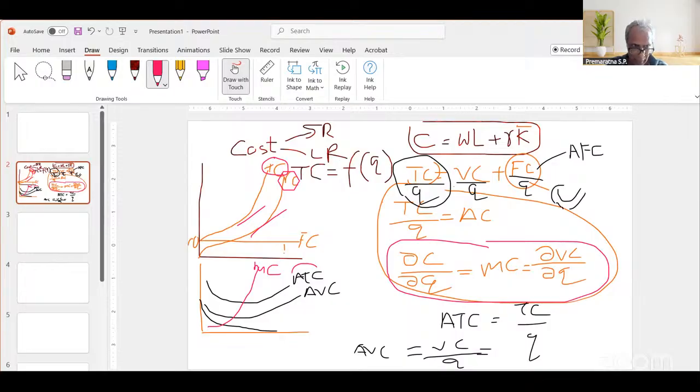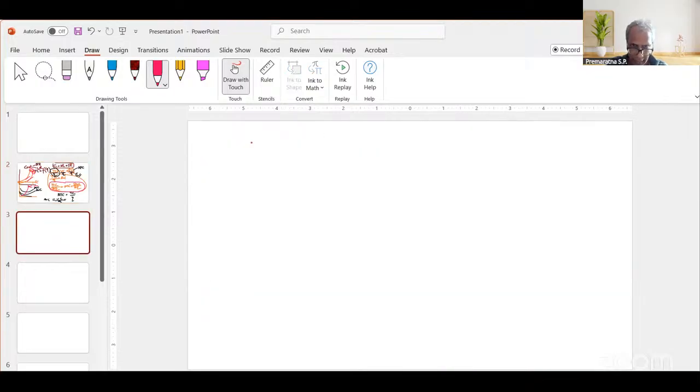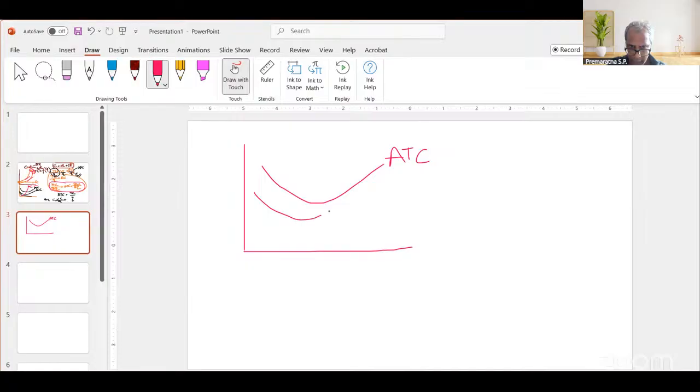Important things you have to understand here: the average total cost, the average variable cost, and the average fixed cost.